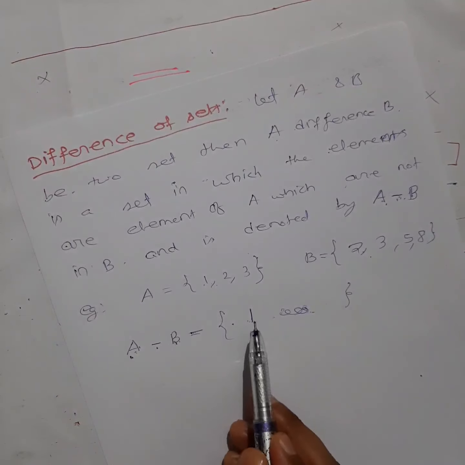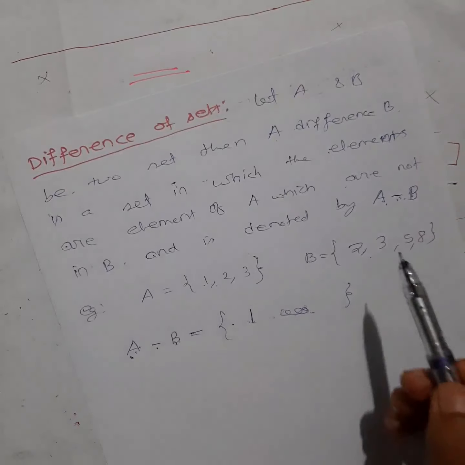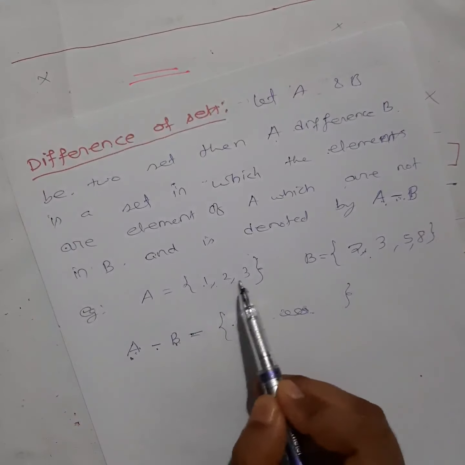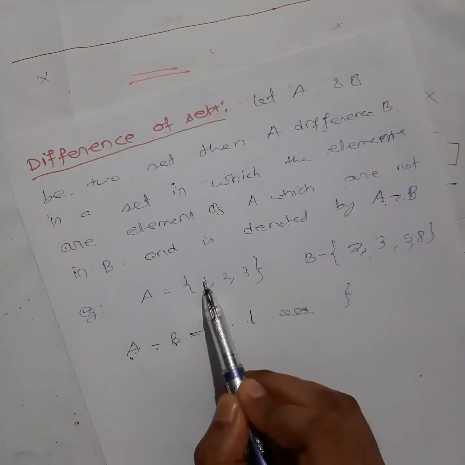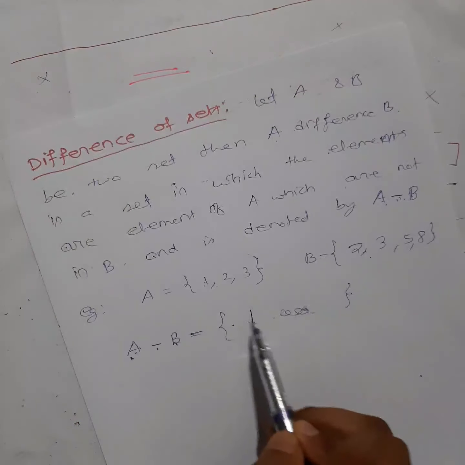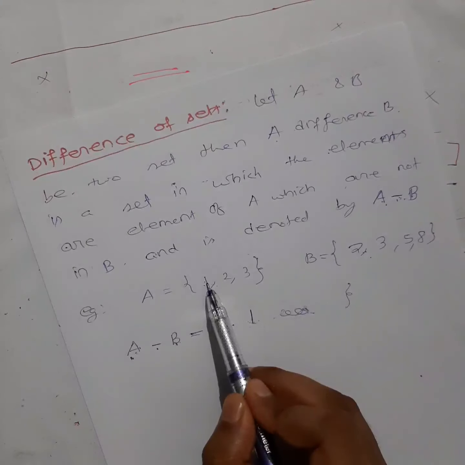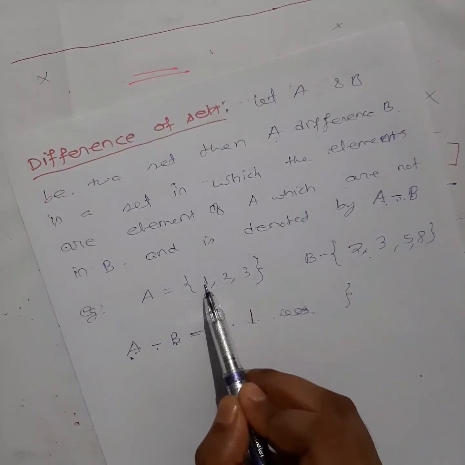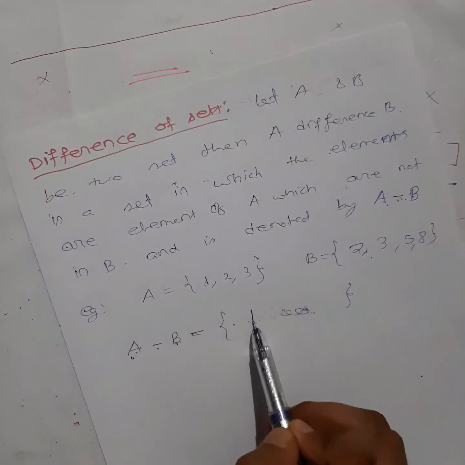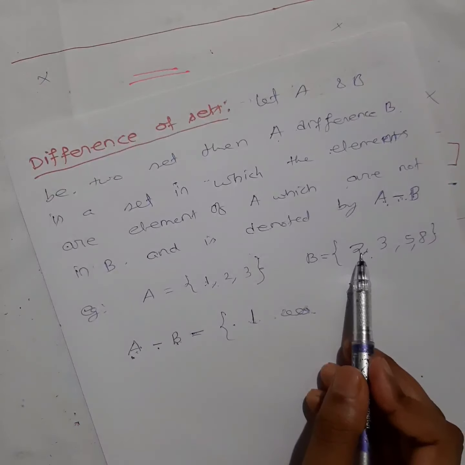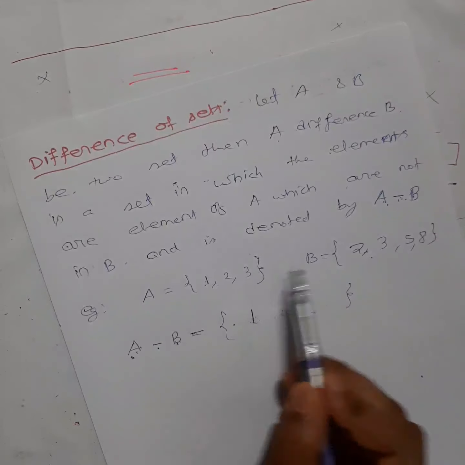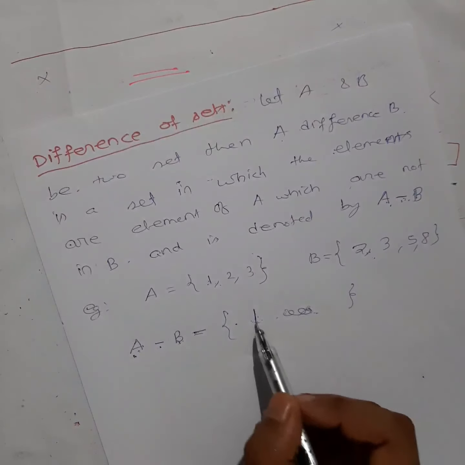So which one is not there in B? Only one. So element of A is 1, 2, 3. So 1, is it there? No, so this will be here. 2, is it there? Yes, it is there. So it cannot be here. 3, is it there? No, it's not there, okay?